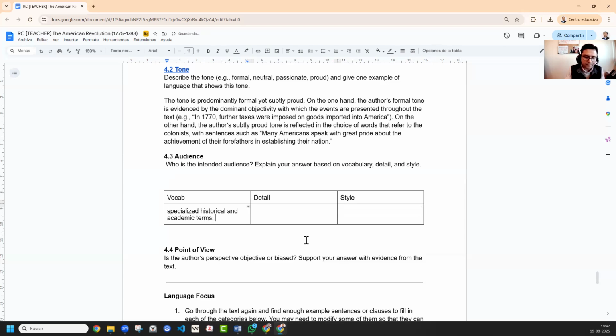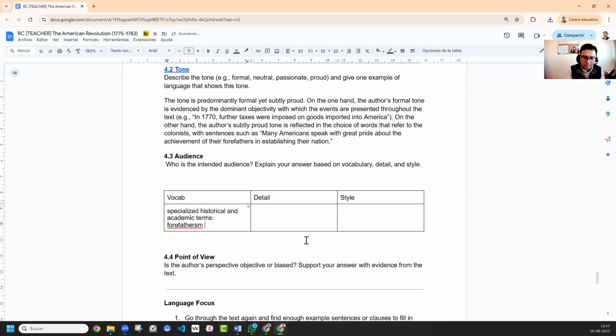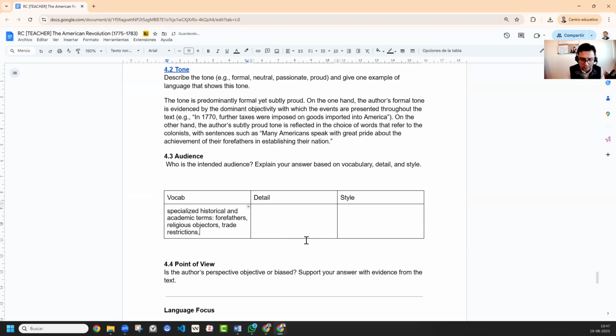Yeah, so for example, the use of forefathers, religious forefathers, religious objectors, trade restrictions, the Stamp Act, etc. Okay.